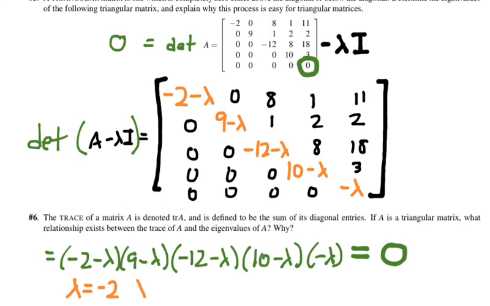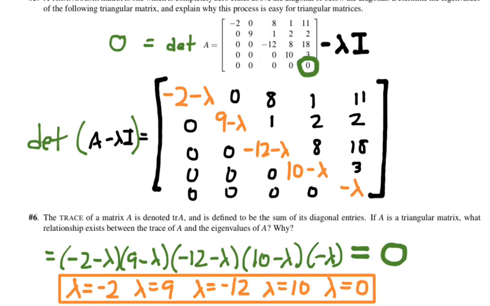So negative 2, 9, negative 12, 10, and then the last one is 0. So one of the connections that we're going to forge over the next few classes is what is the connection between the eigenvalues of a matrix and the determinant of that matrix? Is it true that a matrix whose determinant is 0 will always have an eigenvalue of 0? Maybe. But at least in this example it seems to be true.